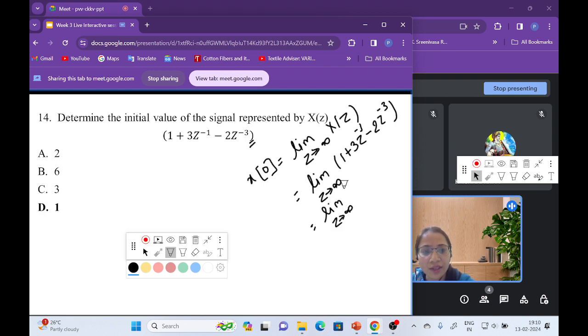So directly we can put 3 by z and minus 2 by z to the power 3. When we put in the limit, this will be 0 and this will also be 0, only 1 will remain. So the correct answer is option D, that is 1.